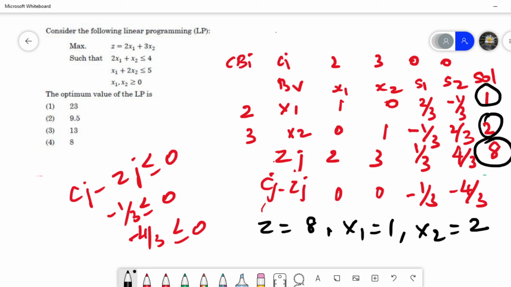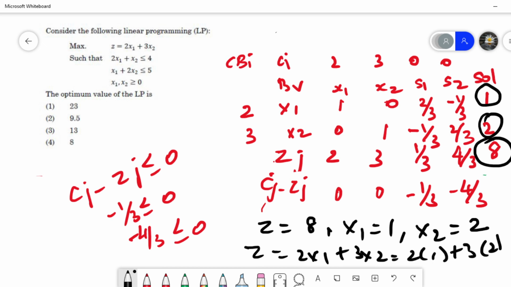So for confirming the Z value, just substitute the x1 and x2 values in the objective function. So Z is equal to x1 plus 3x2. So x1 is 1 and x2 is 2. So 2 plus 6, 8.